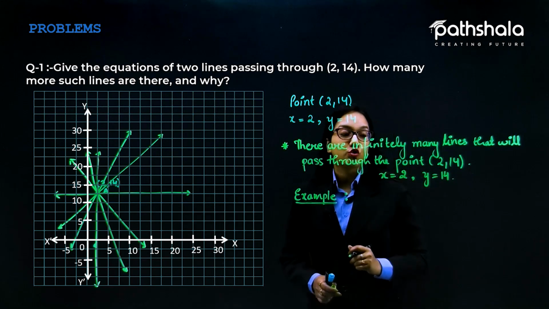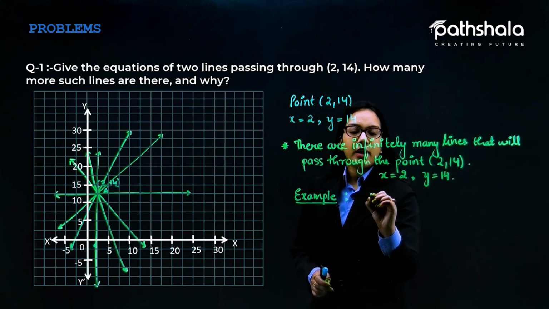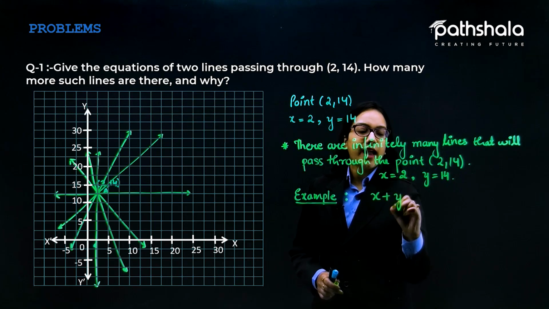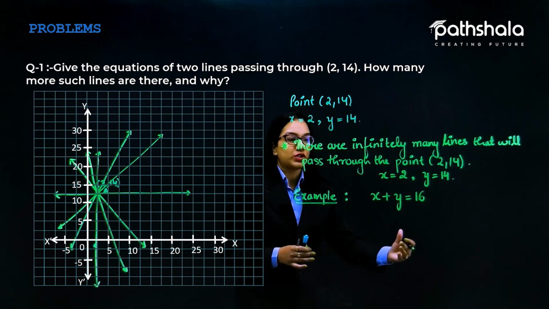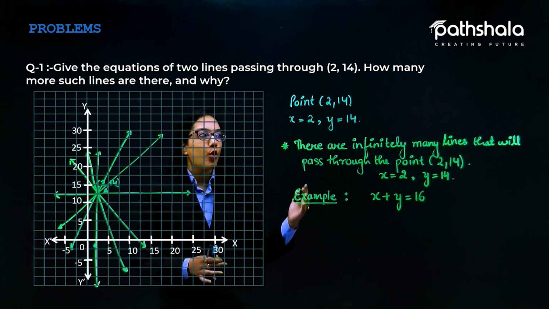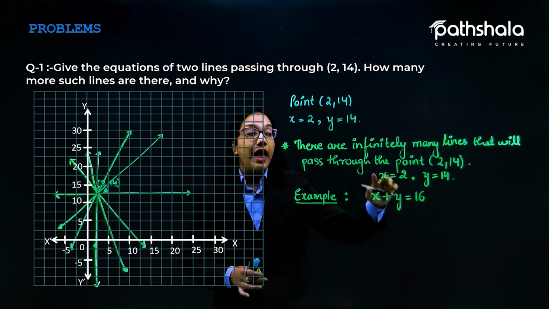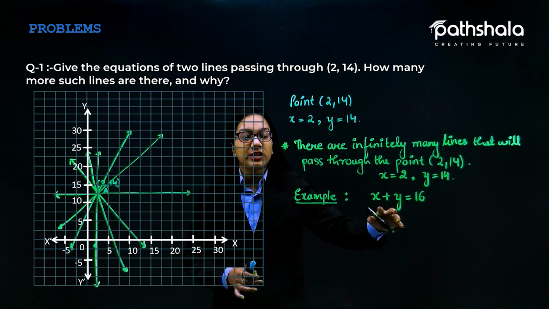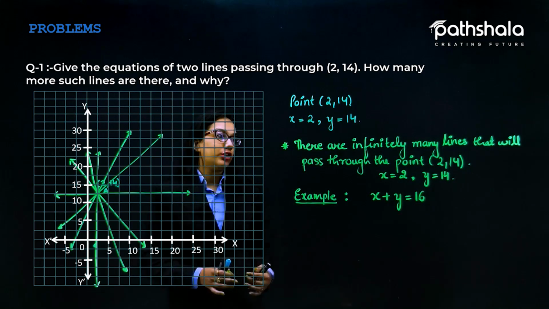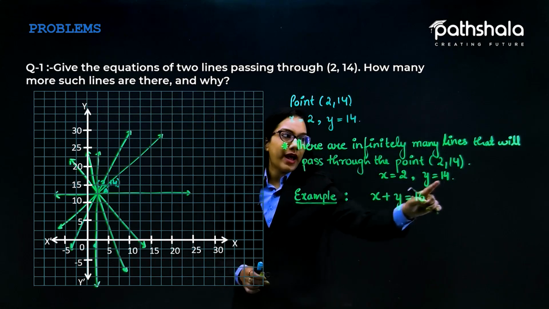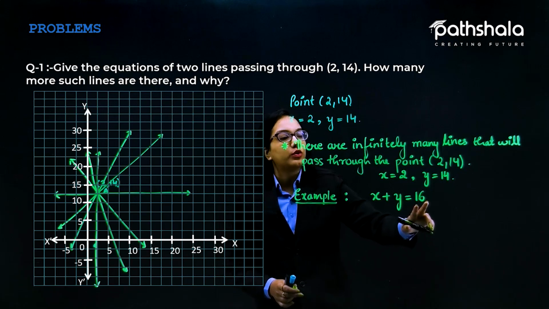So let us suppose I take the equation x plus y is equal to 16. You can see that the point (2, 14) is satisfying this particular equation. And if it is satisfying this equation, then definitely this equation is passing through the point (2, 14). For the x value 2, y as 14, 14 plus 2 is 16. So LHS is equal to RHS.